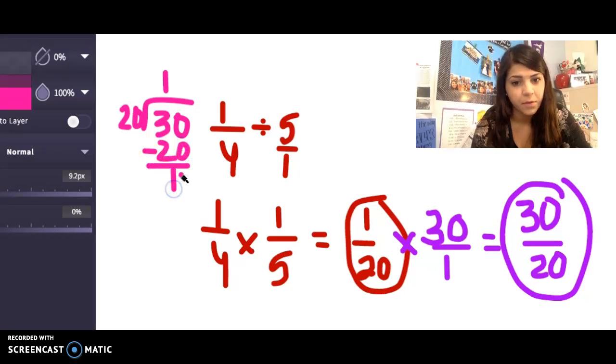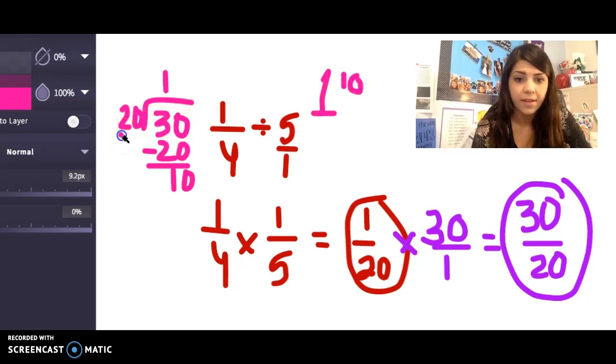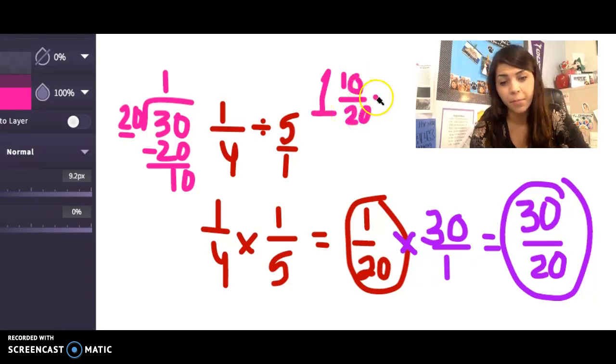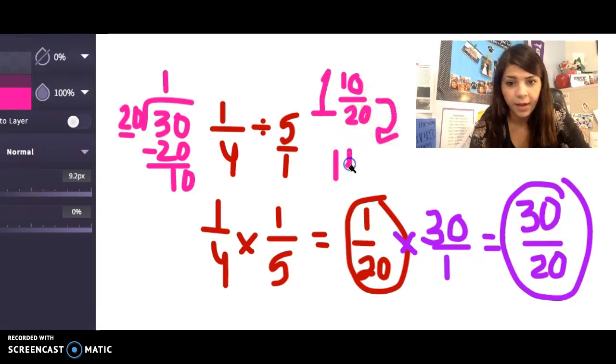In order to make this a mixed number, the 1 becomes my whole number, the 10 becomes my top number, and the 20 becomes my denominator. But I know I can simplify it. If I divide the top and bottom both by 10, I end up getting 1 1/2.